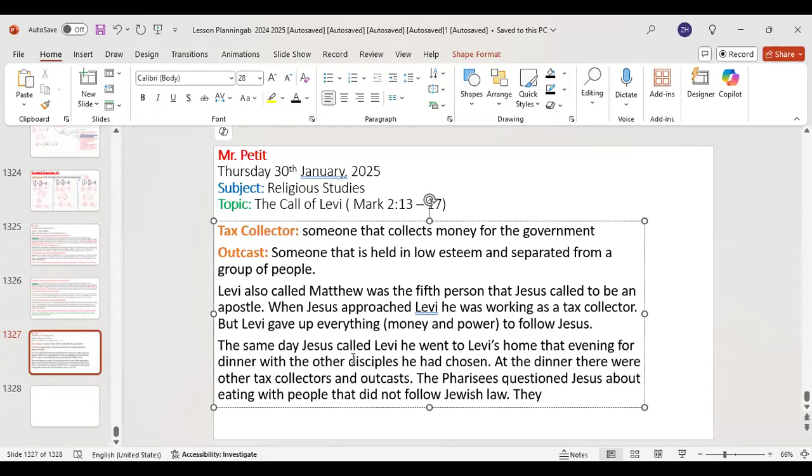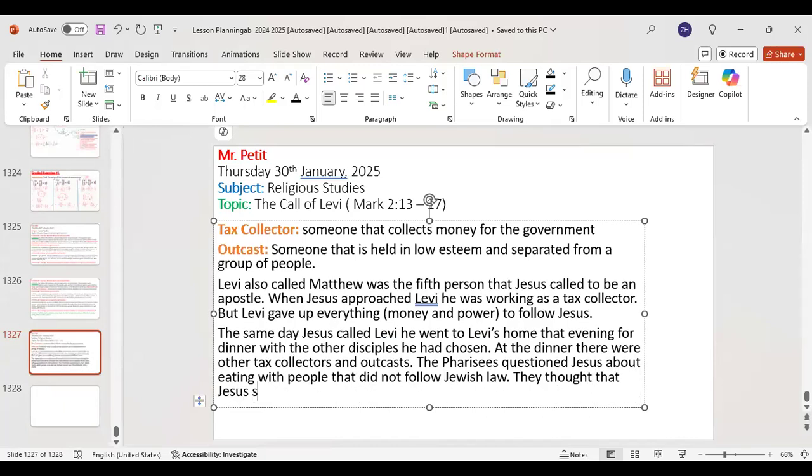They thought that Jesus should not mix with sinners.